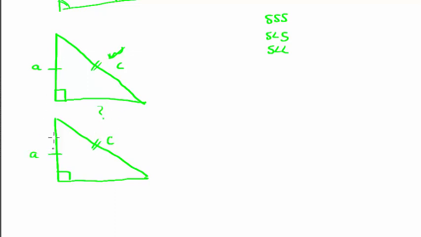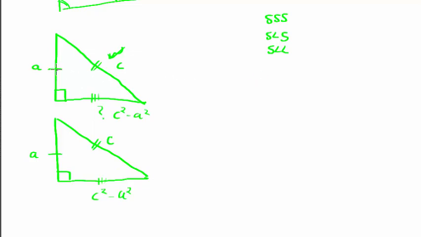And then this one is also A because they're equal. So in both of these, the third side length will be C squared minus A squared. So both of them will get the same third side, and that's what I want.